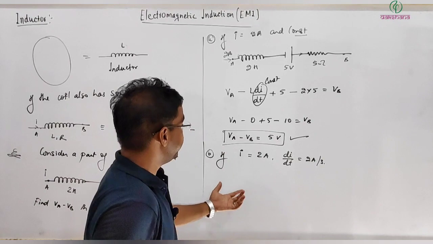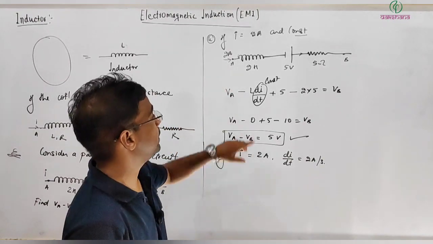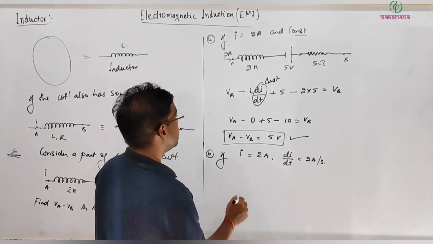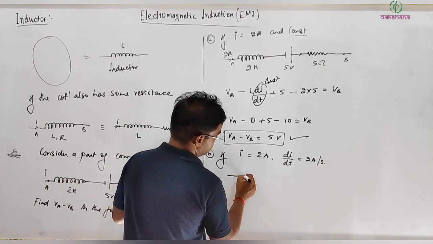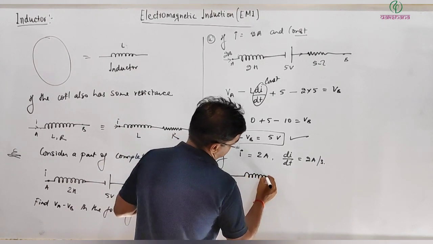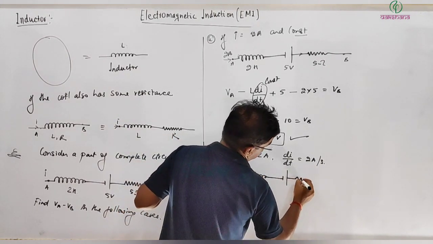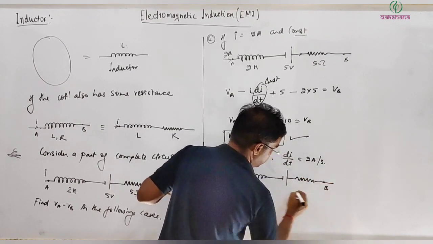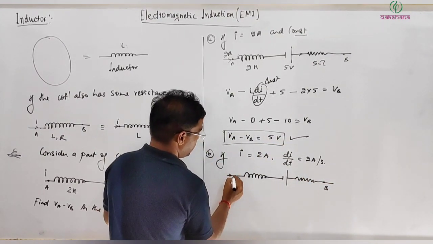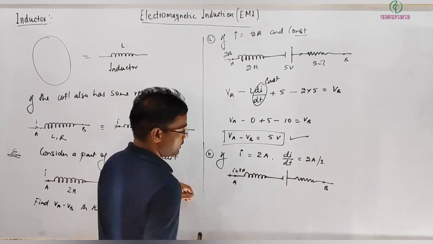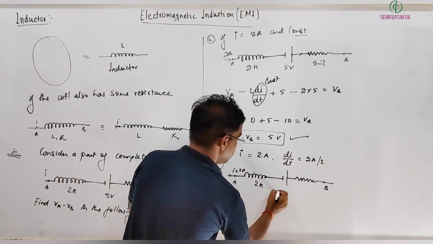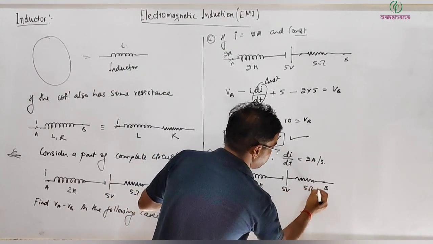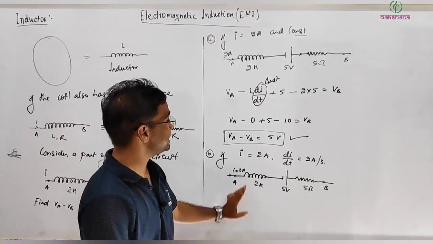Now in this situation again I will go exactly this way. So for that also, this is my inductor, battery, resistor, B, this is A, current I 2 ampere and 2 Henry, 5 volt, 5 ohm. Clear? So now again same manner exactly.